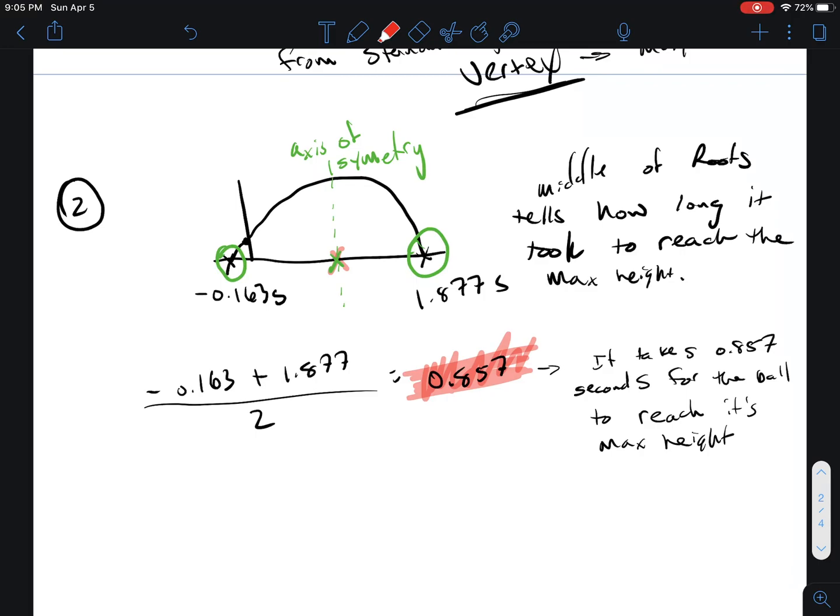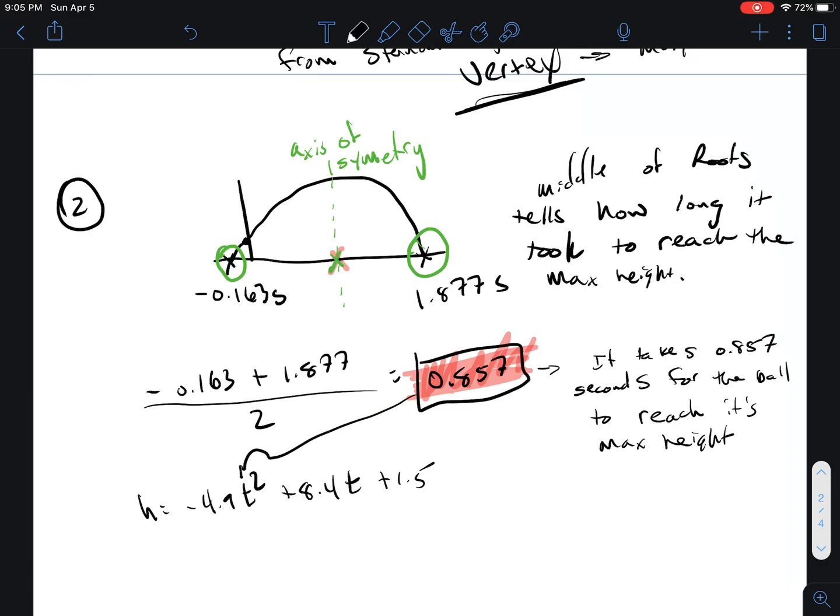If I take that t value and I plug it into my equation, right? You remember that the equation was -4.9 t squared plus 8.4 t plus 1.5. If I take this t value and I plug it in to t, it's going to tell me what the height is, right?